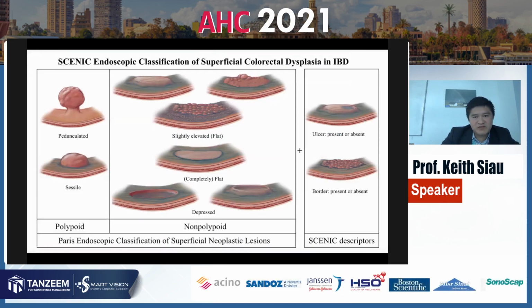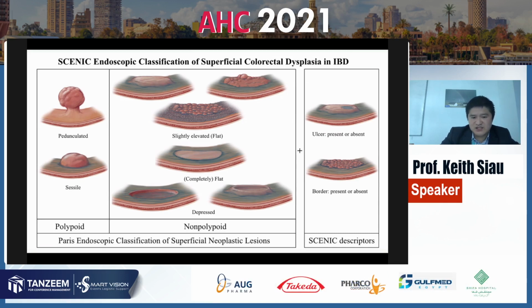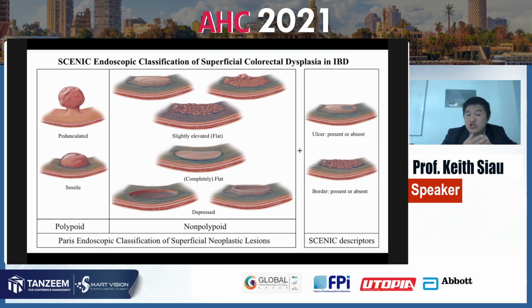Because you have been talking about IBD, we should touch on the CNIT classification of IBD-associated polyps. This basically involves the Paris classification that has been modified to comment on 2 things: the presence or absence of ulceration and what the borders look like.